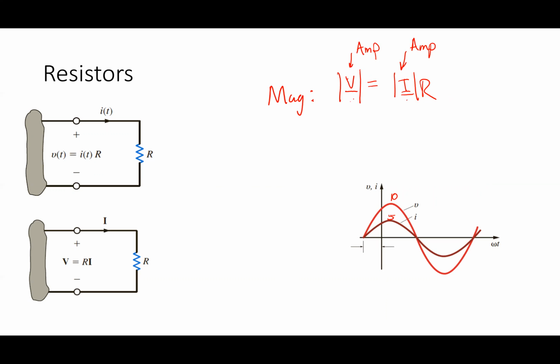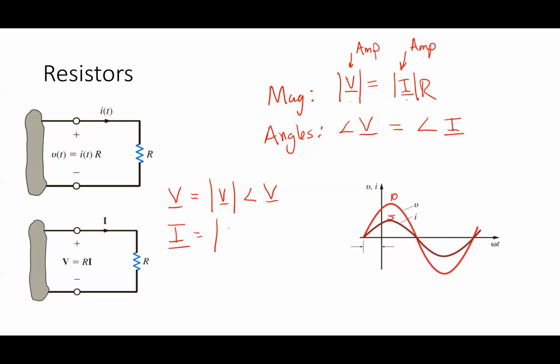What's true about their angles? They're the same. Yep. So the way I write that is the angle of V is equal to the angle of I. So V, my phasor, has a general magnitude and an angle, and I, my general phasor, has a magnitude and an angle.